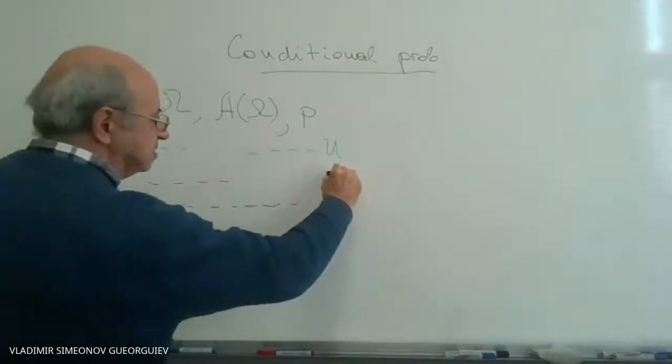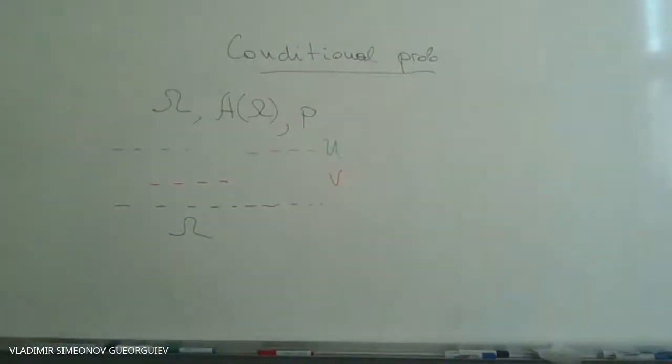This is the event V. And we want to see what is the probability that the event, the green event U, happens under the condition that V occurs.